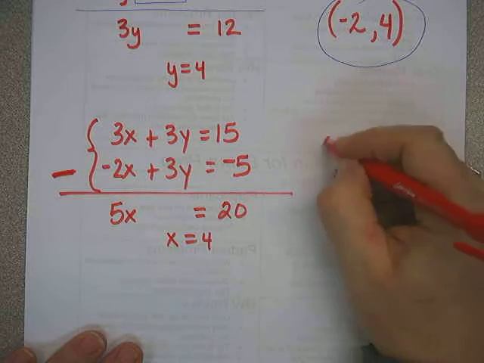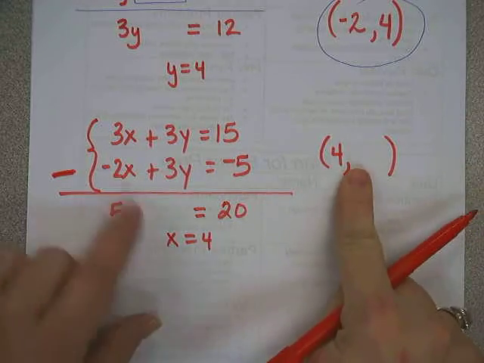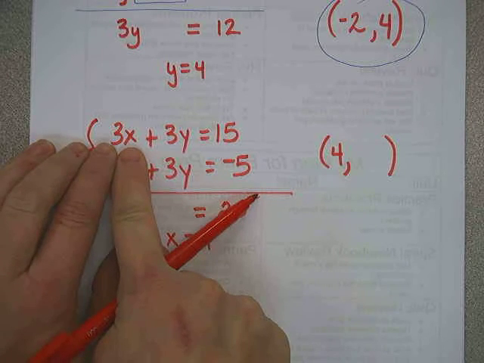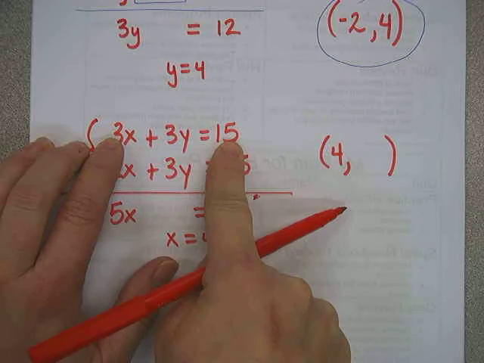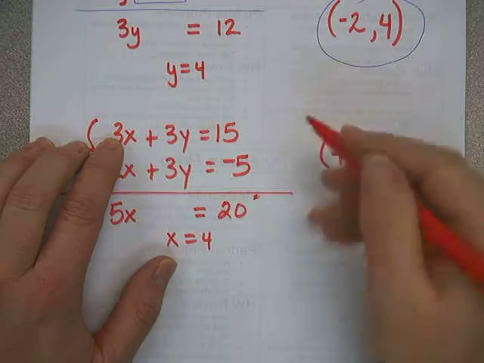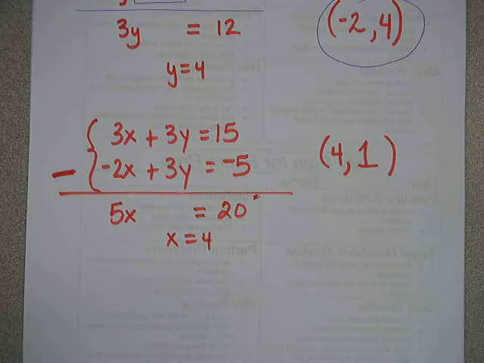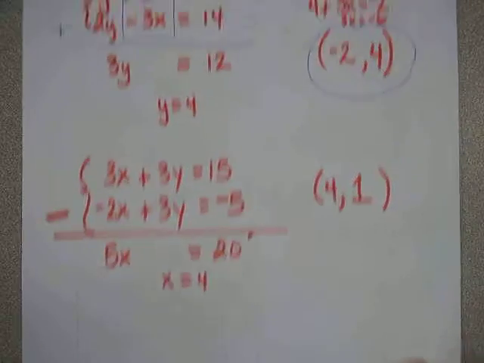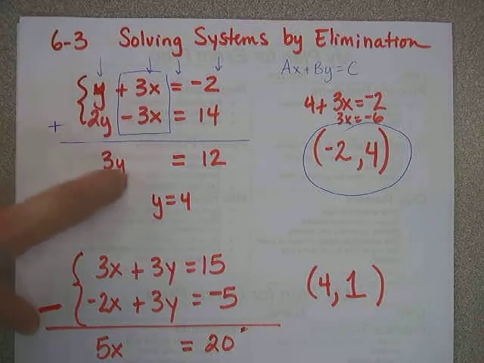That's 20. And x comes out to be 4. So our x solution is 4. And when you substitute this back in, if x is 4, 3 times 4 is 12. 12 plus what is 15? So 12 plus 3 is 15, so y has to be 1. And we've solved that.